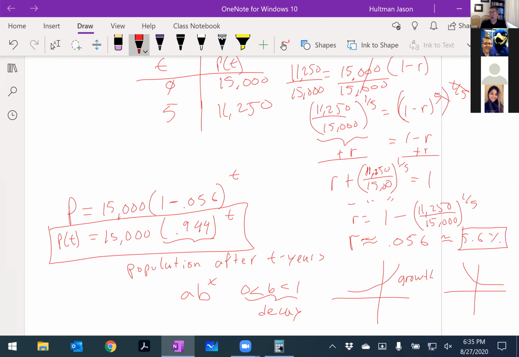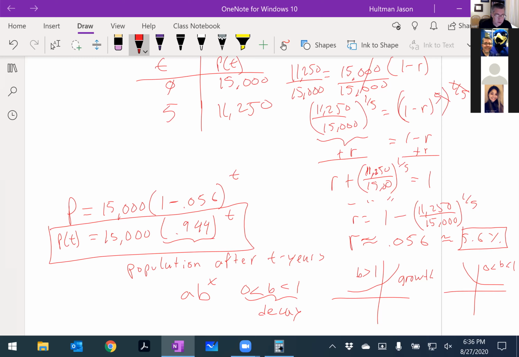If your base is bigger than 1, it's exponential growth. Growth is for b greater than 1, and for decay, your b is between 0 and 1. It's a fractional amount for your base.